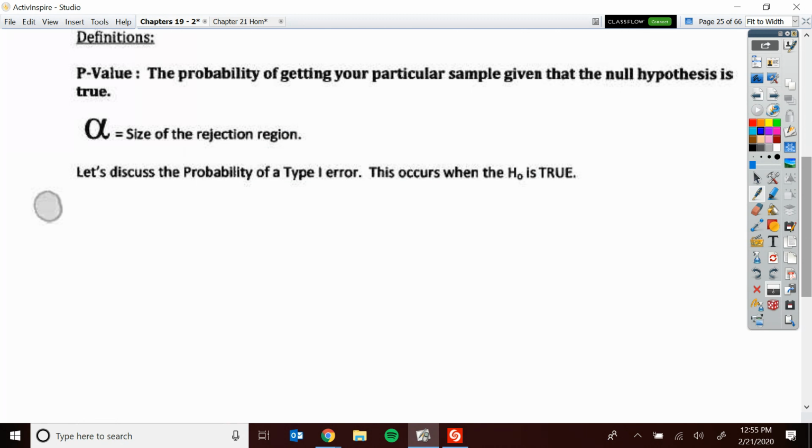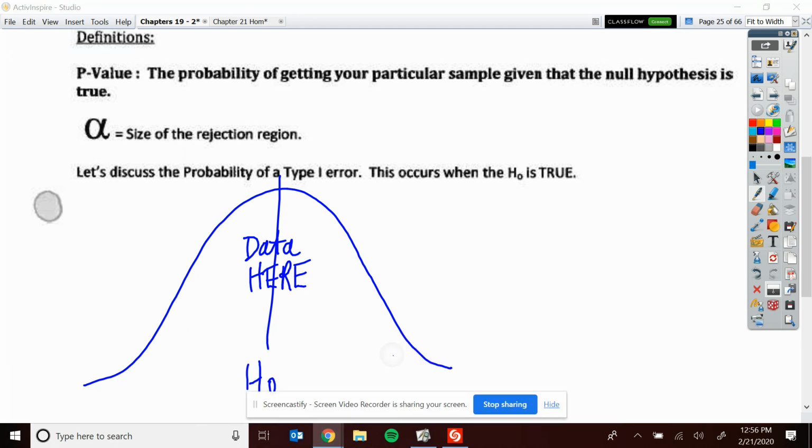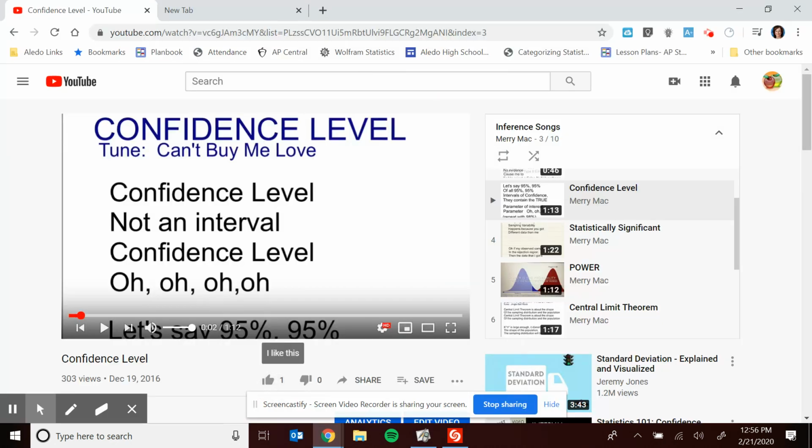First, type 1 error. So on this page 20, type 1 error is happening when what? If the null is really true, but we get a sample. So we have a true null, so our data is centered around our true null hypothesis.